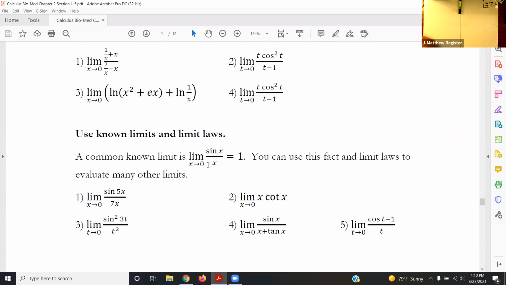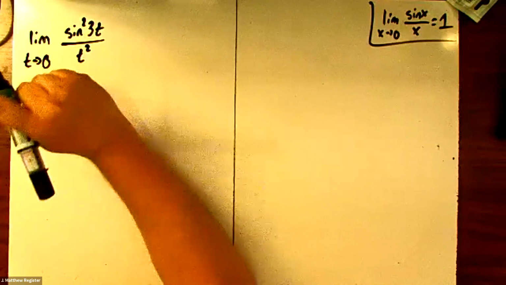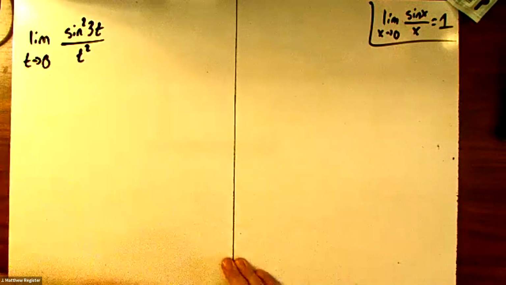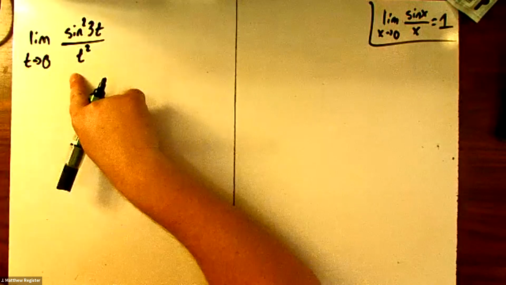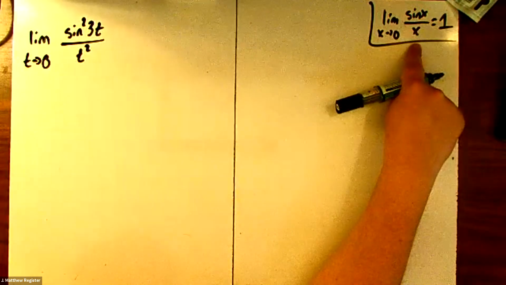And this is where I said knowing the limit as x goes to 0 of sine of x over x equals 1 could come in handy. Because what if you had something like, let's do number 3. The limit as t goes to 0 of sine squared of 3t over t squared. Well, notice that this is almost like this, but not quite.